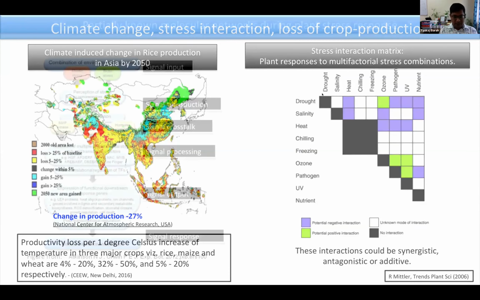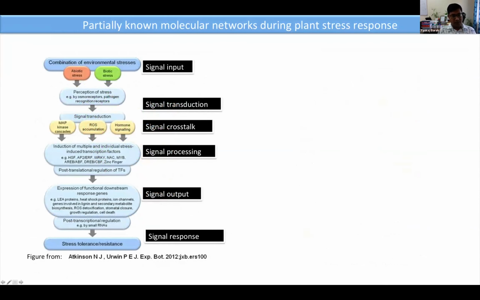Now, what is so far known about how plants react to any kind of stress, biotic or abiotic? From a mechanistic point of view, the plant perceives a stress signal, and that signal input is transduced by different molecular signal transduction mechanisms like MAP kinase, ROS accumulation, and phytohormonal signaling.